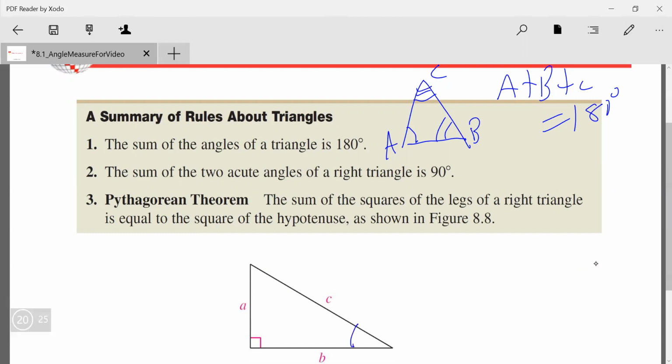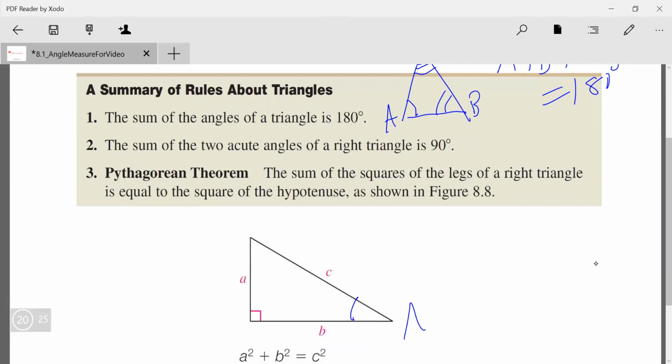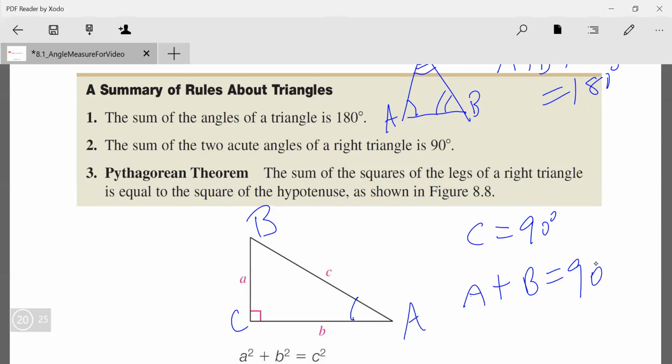Here, suppose this angle is A, this angle is B, this angle is C. C is 90, and A plus B is also 90, because the sum of all 3 is 180. So here is a right triangle. That's number 2.